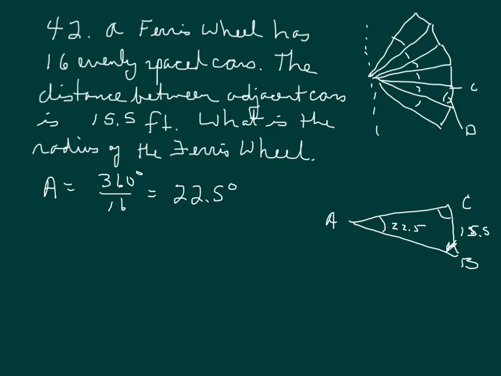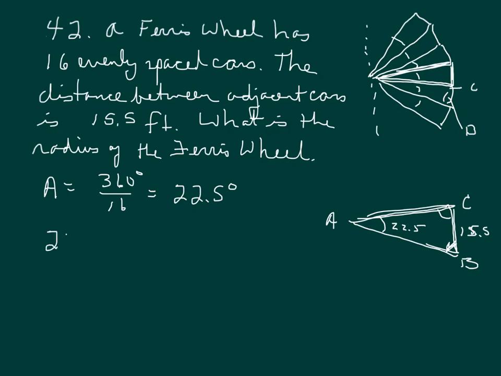A, B, and C add up to 180 degrees. B and C have to be the same, in spite of the fact that my picture looks a little distorted. But B and C are the same because it's evenly divided. So B or C would be represented in this way.